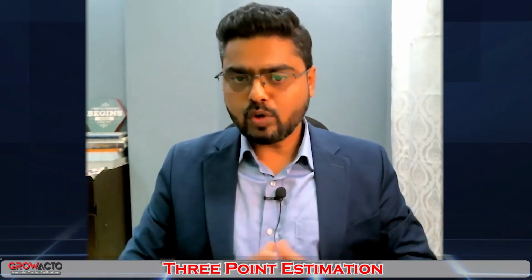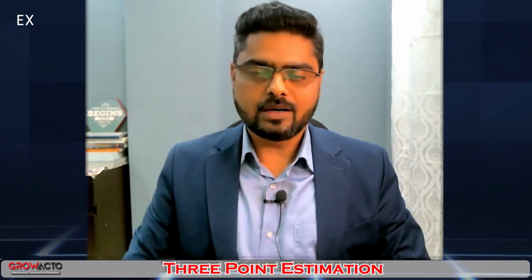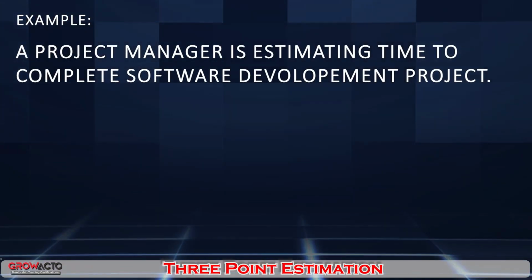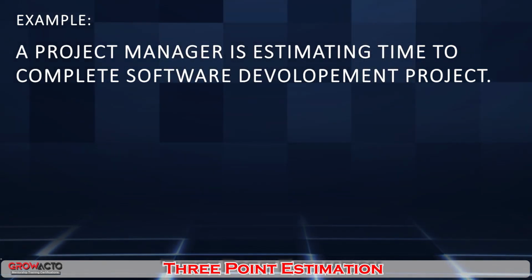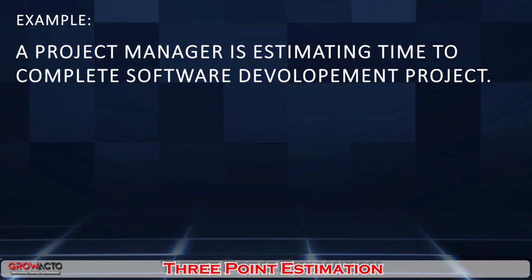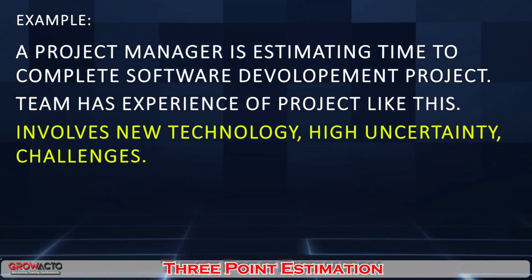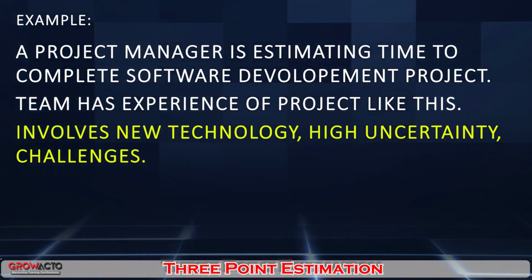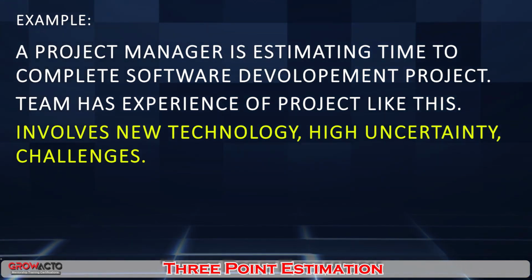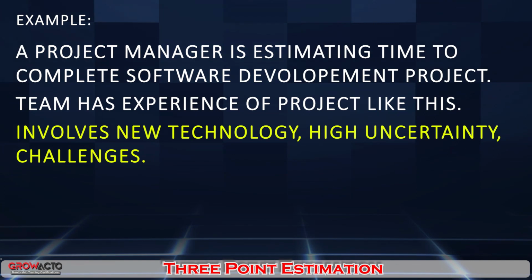Let's understand the 3-point estimation technique with one example. A project manager is estimating the time to complete one of his software development projects, and this kind of project the team has already done in the past. But this project involves new technology, there is high uncertainty, and there are some challenges.